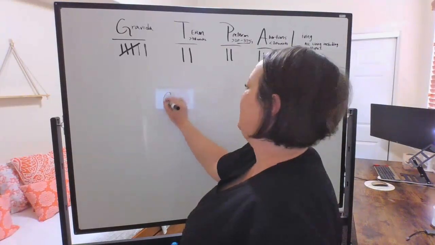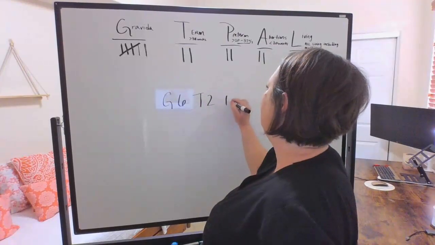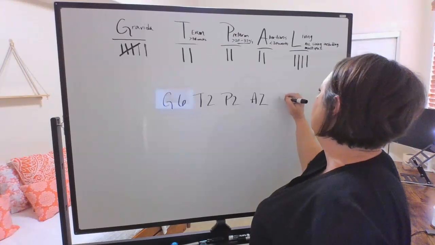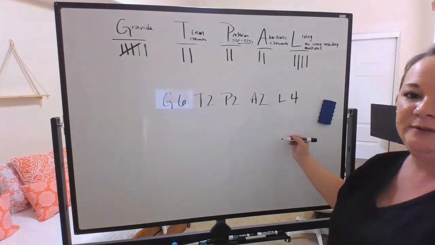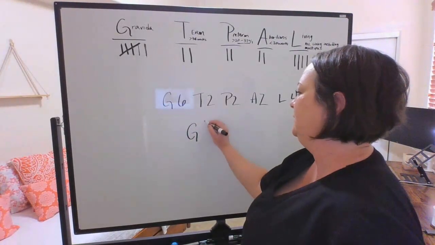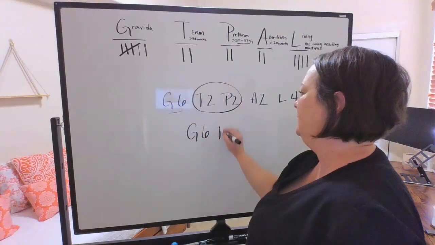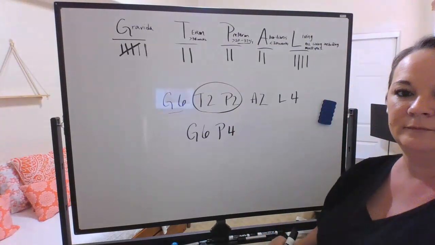So she is a gravida 6, term 2, preterm 2, abortions 2, living children 4. And if we were to put that in G's and P's form, it would be a gravida 6, right? Para 4, 2 plus 2 is 4.